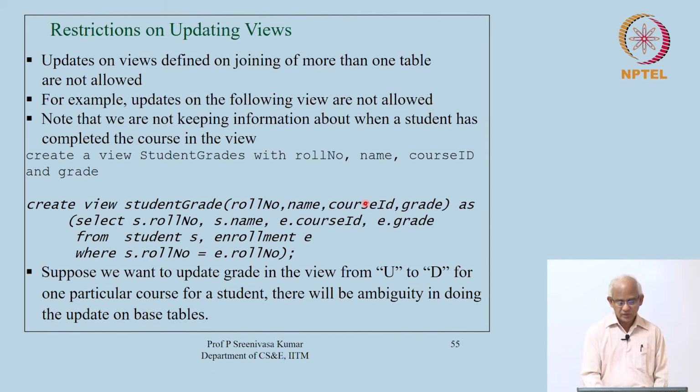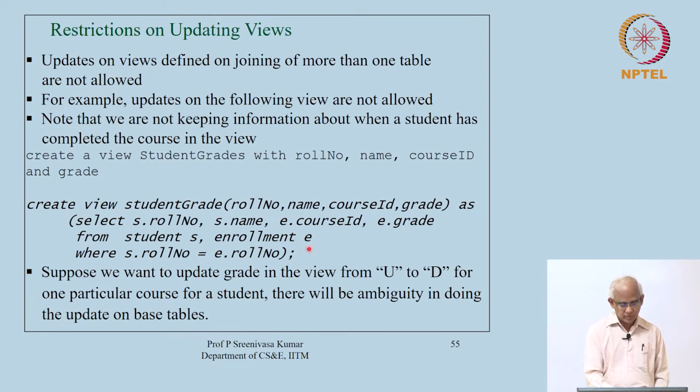But in general you can see the ambiguity, because the view is the result of joining multiple tables, and there is more than one way in which the base tables can be updated to give this join, which is the result of this particular query.